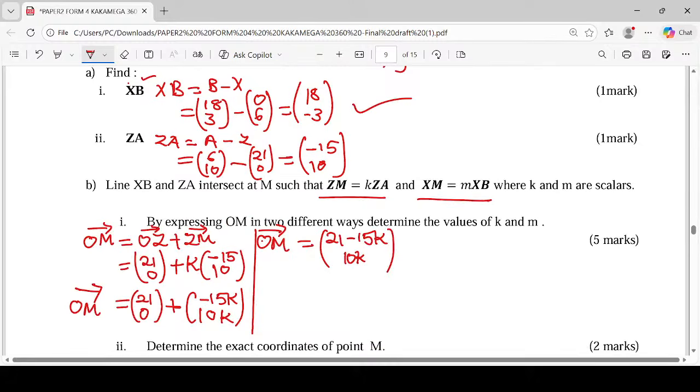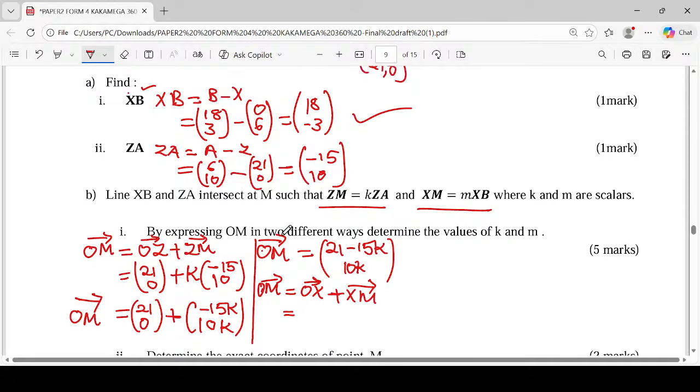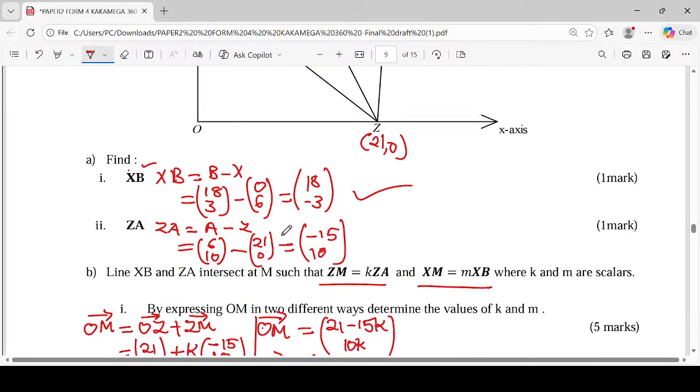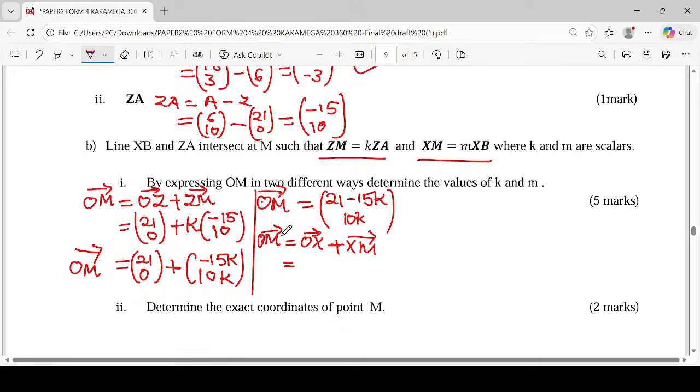So another way is that OM can be given as OX plus XM. I want you to be very, very keen with this part. When you talk about OX, because you are referencing X from the origin, it is just the coordinate of X, which is 6, 0.